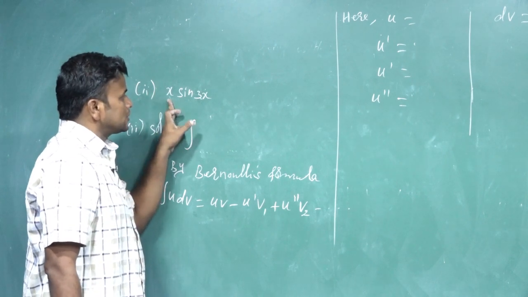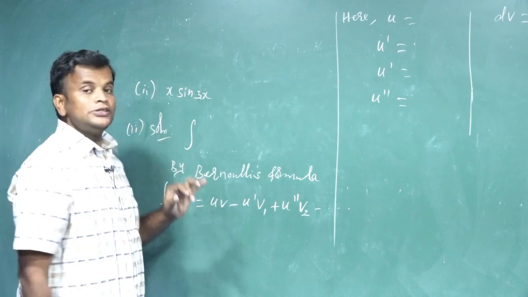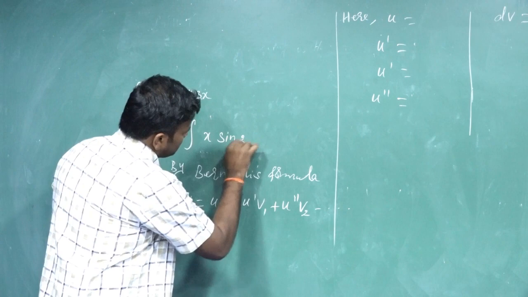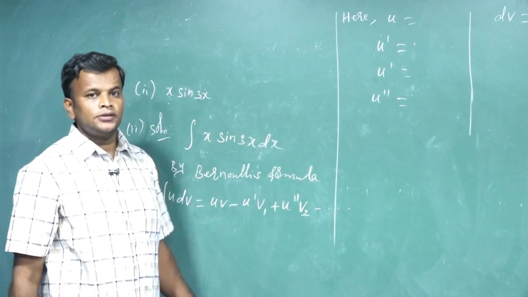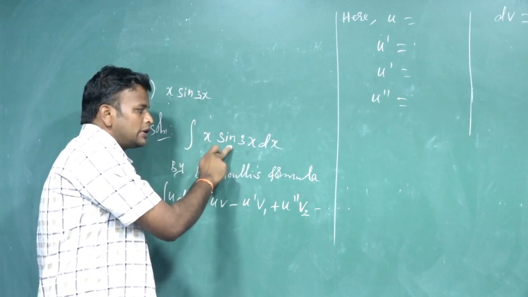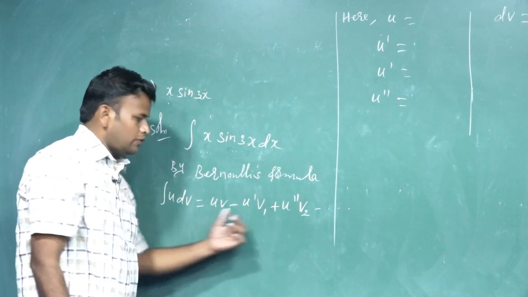This is x sine 3x. So one term is x and another term is sine 3x, x sine 3x into dx. We do this sum also in Bernoulli's formula. One term is x, that is x power, and another one is, instead of e power here, sine 3x. By using this Bernoulli formula, I write the formula.